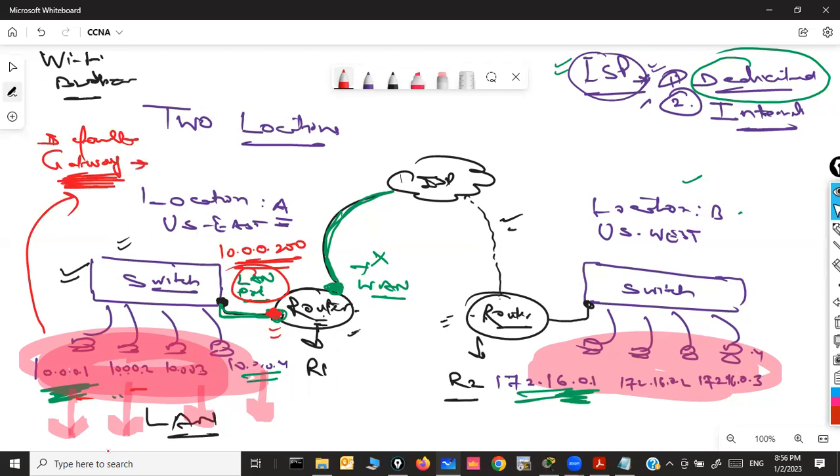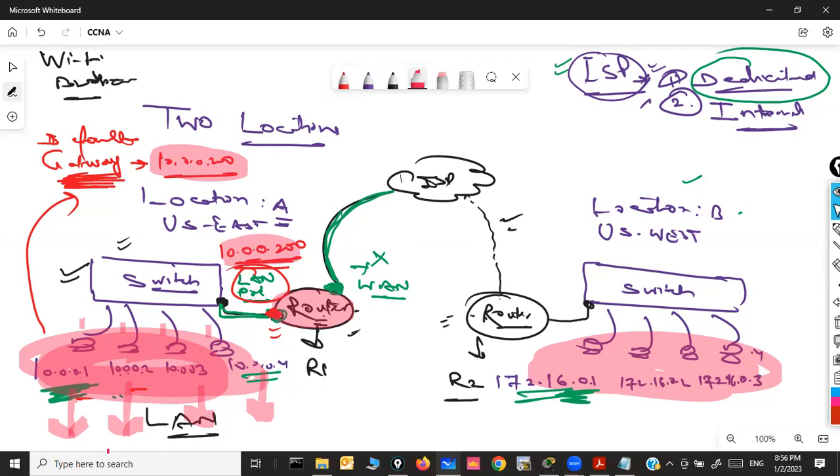And what is the gateway address here? 10.0.0.200. So this 10.0.0.200 should be configured as part of the IP configuration on all end host devices. And why do we do that? Router is a gateway here. Gateway IP is 10.0.0.200, and this IP address should be known to all end host devices.